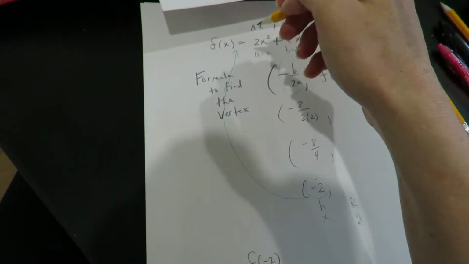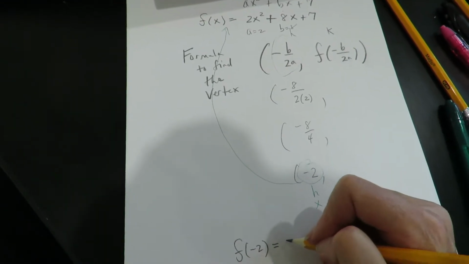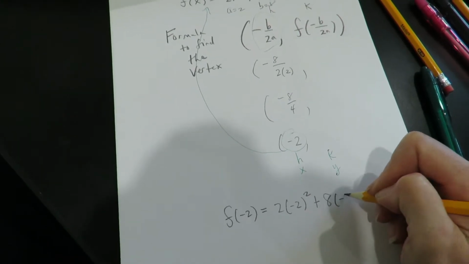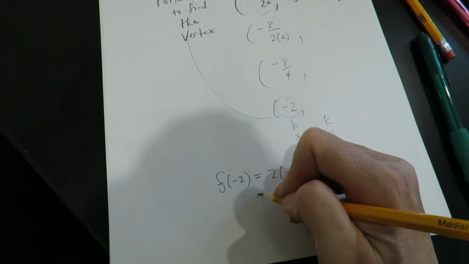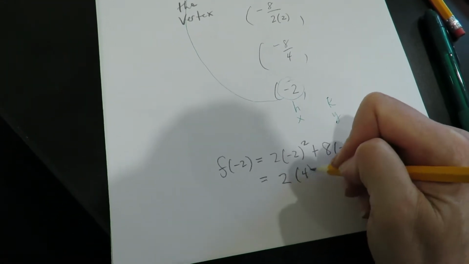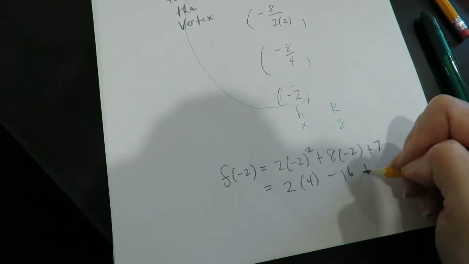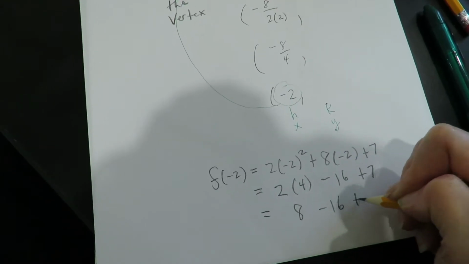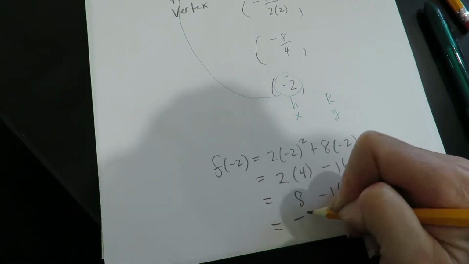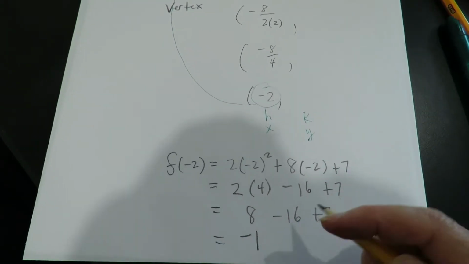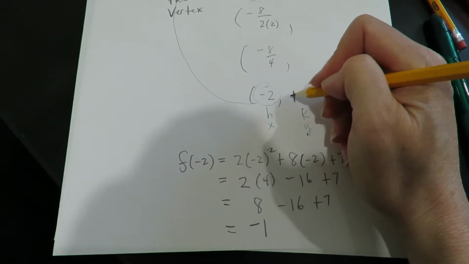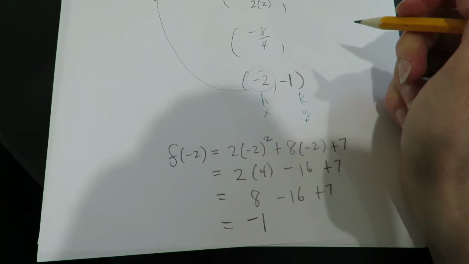So now I take that -2 because I have the x value, now I just need to find the height of it. Alright, so -2 squared is 4. Alright, so after you crunch all that out, you'll notice you'll get -1. So the vertex is -2, -1.